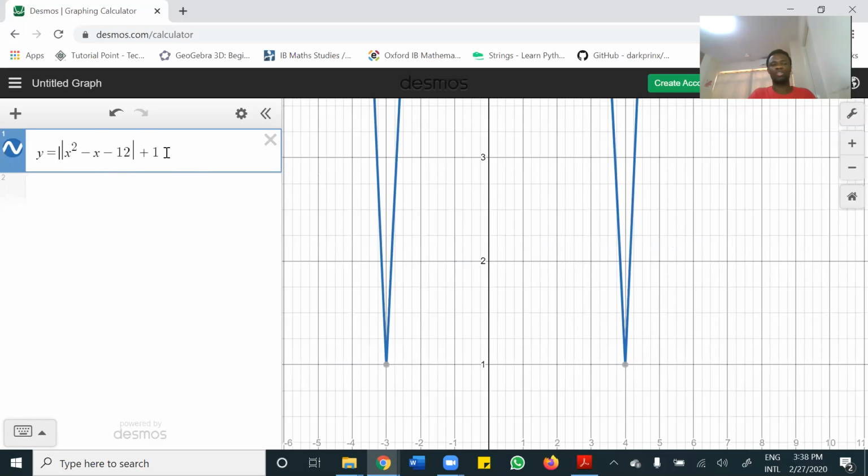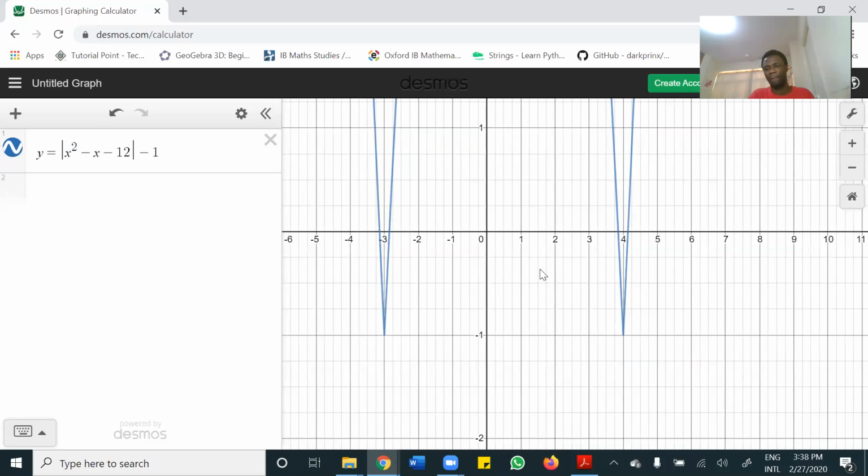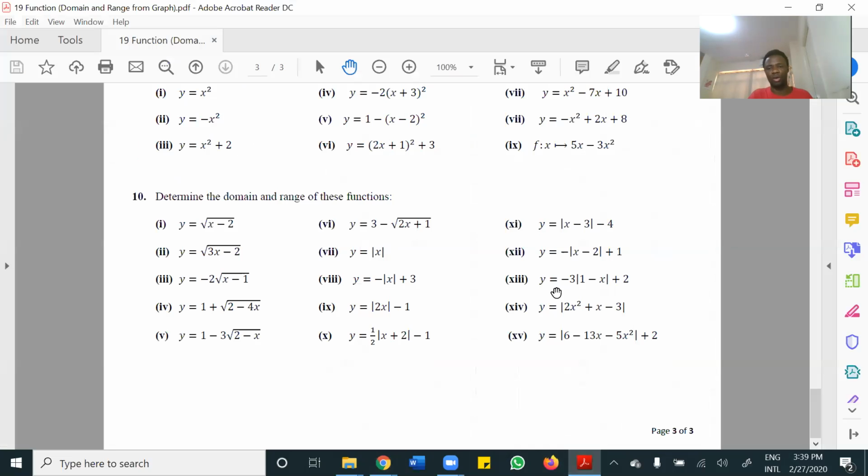What really makes it jump up or down is what you have after the function. So if this was -1, then while this function has a minimum value of 0, the -1 makes it possible for it to be below the y-axis, as you can see now. You have to be considerate of all this when attempting this question without a graph.